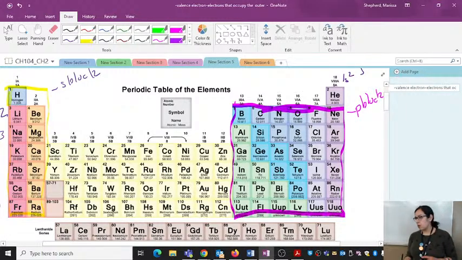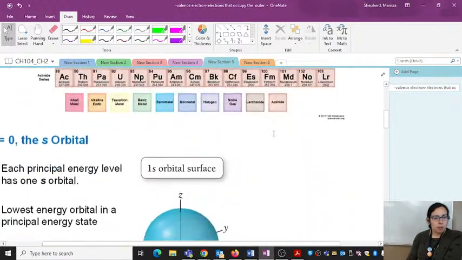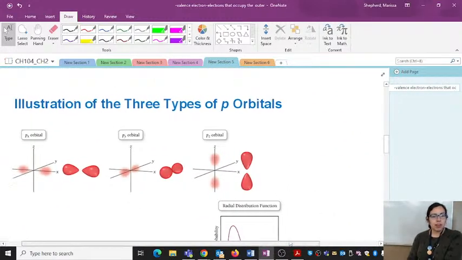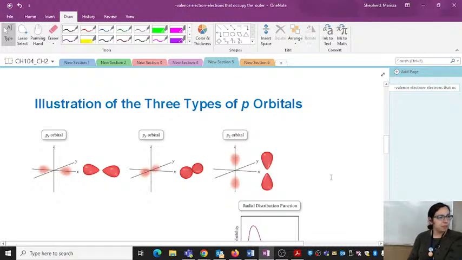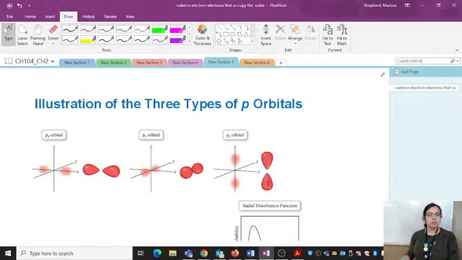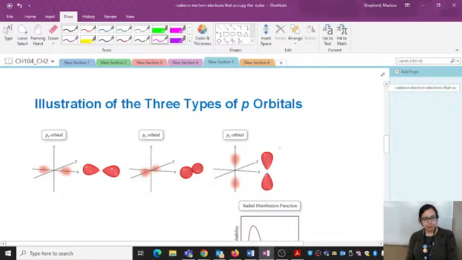So let's look at what our P block is. What does that mean? Our P block just means that we're filling in these P orbitals. And there's 3 of them. They go in the X direction, then Y, and then Z, and they are called degenerate, meaning that they all have the same energy level.